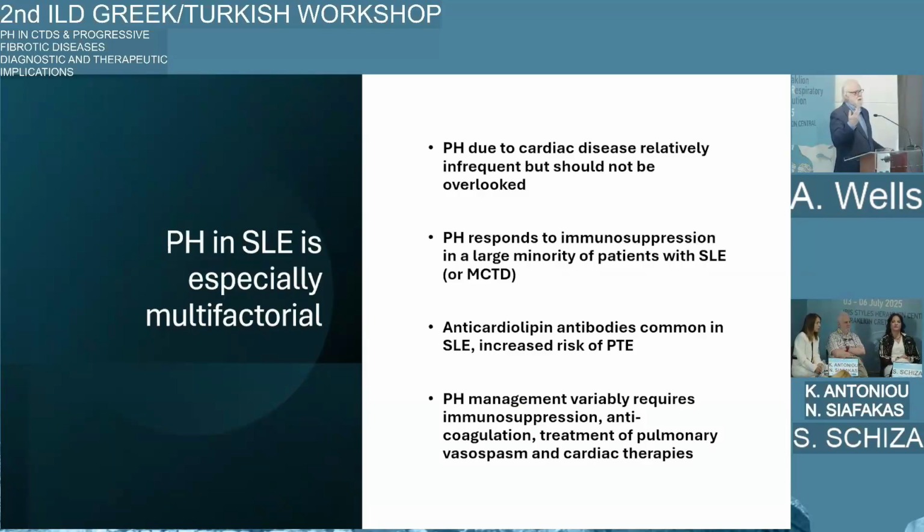So you really are dealing with a pulmonary hypertension setting driven by a vasculitis. And you can actually see, for example, resolution of right ventricular dilatation with immunosuppressive therapy if you get really lucky.